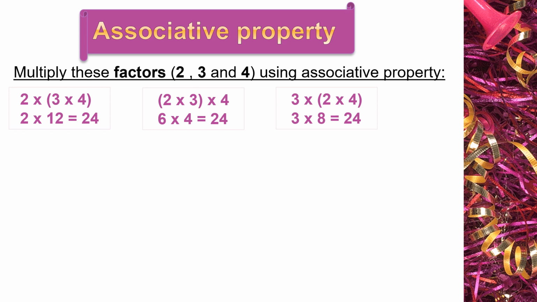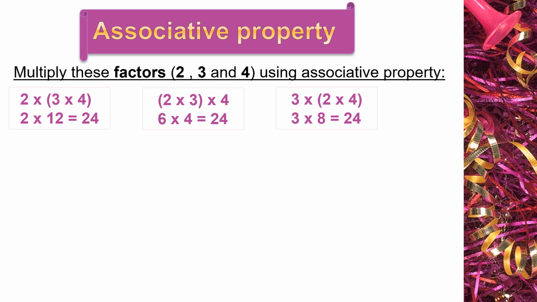In the second way, I put 2 and 3 between two brackets. I multiplied them, then I multiplied 4. Here, I put 2 and 4 between two brackets and multiplied them, then multiply 3. 2 times 4, 8. 8 times 3, 24.